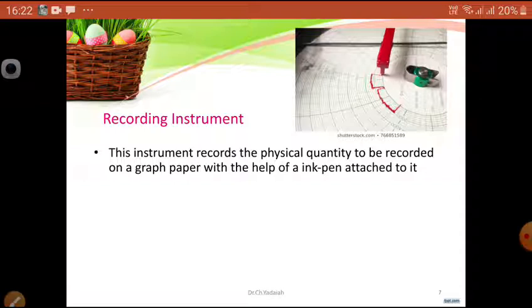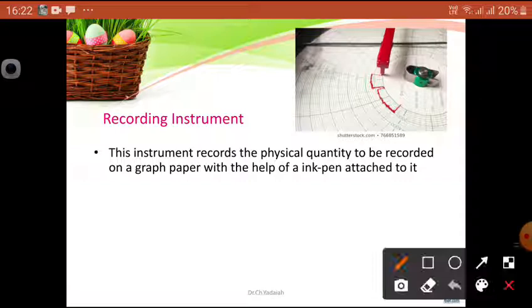I want to measure continuously over a period, so there is a recording. At that condition I can use this one. So what is the meaning? This is the instrument which keeps a continuous record of variation of magnitude. You can see here, this is the variation of the magnitude, this is the maximum value, this is the zero value.